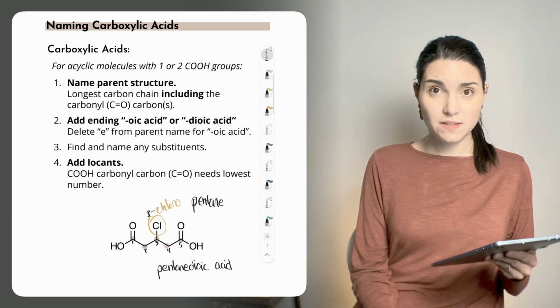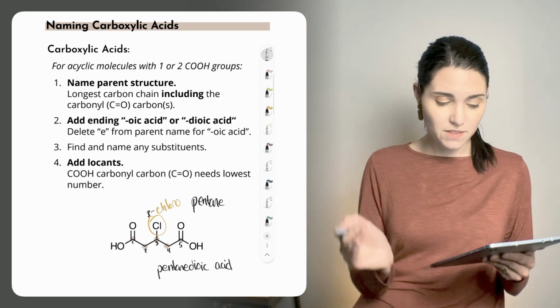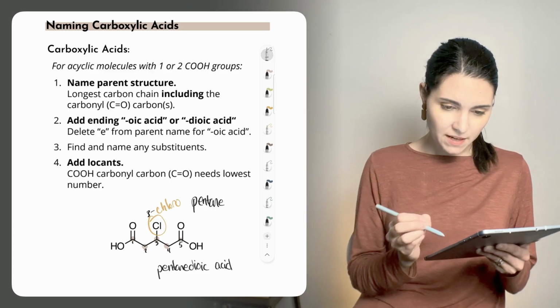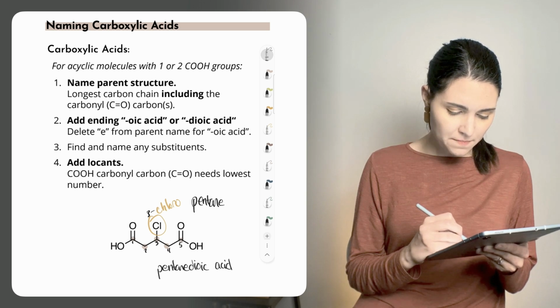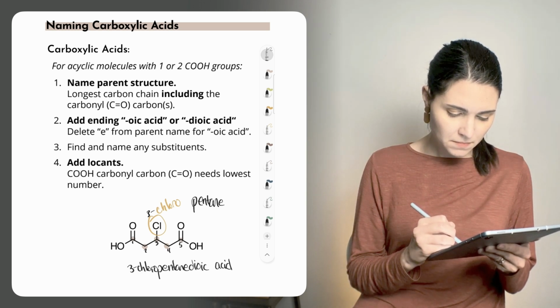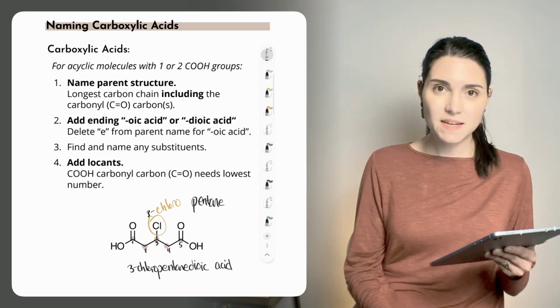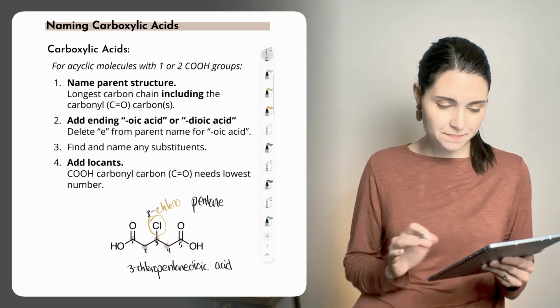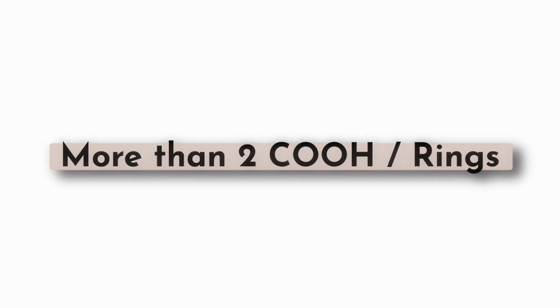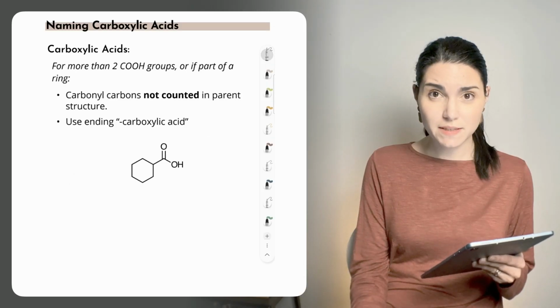It's still understood that they're on the first and the last of the chain. So we'll just add our 3-chloro to the beginning of the name. 3-chloro pentane dioic acid.